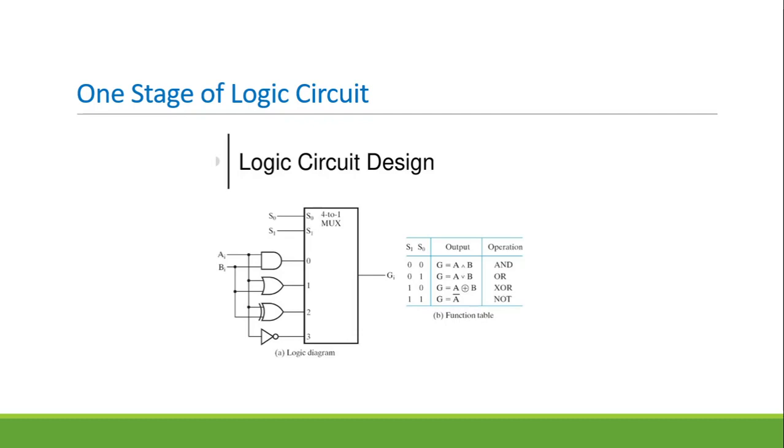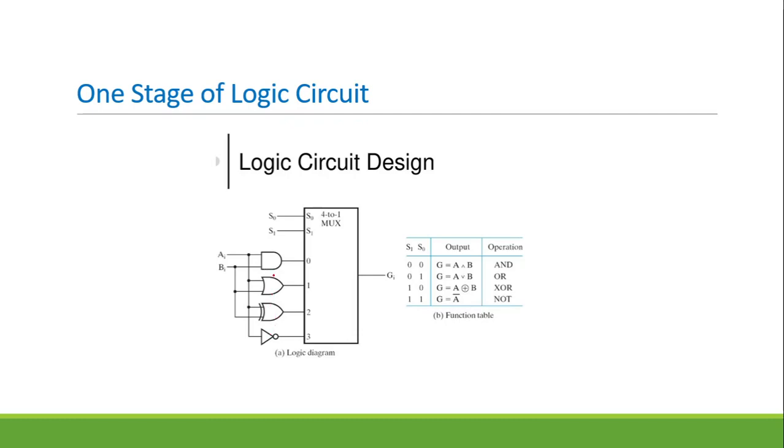What are the 4 logic operations? The operations are AND, OR, exclusive OR and the complement. To implement this in the circuit, we need 4 logic gates: one is the AND, another is OR, then XOR and then the NOT gate.